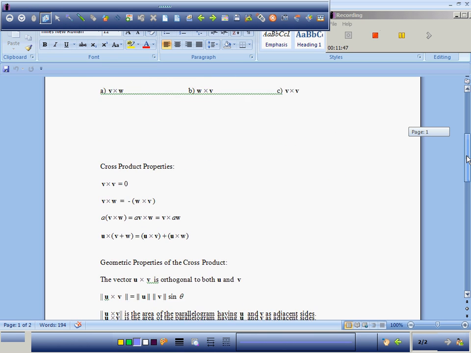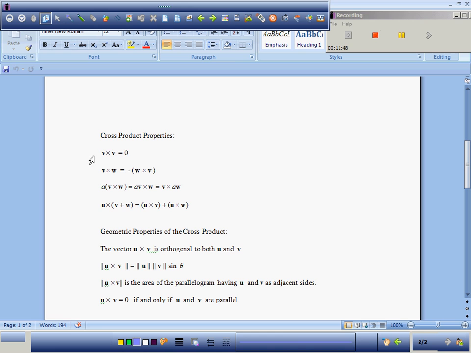So this property says that if you cross a vector with itself, you get 0. If you switch the order, it becomes negative. You can multiply by a scalar quantity, meaning you can multiply through by a number.